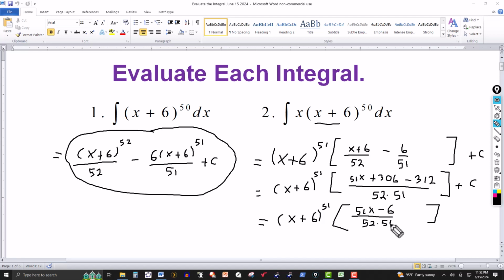I'm going to leave it in that form because I'm going to use this result for an algebra video that I'm going to do for my algebra students. So here's the answer really. They don't tell you to simplify to a certain extent. You can leave it in this format. Or if they tell you to write it as a single expression, here I have that product of these two, and we can leave it in this format.